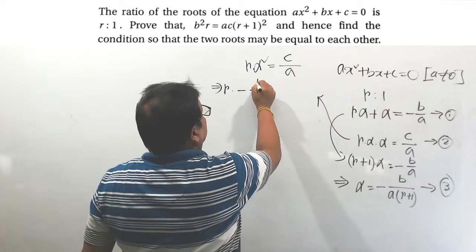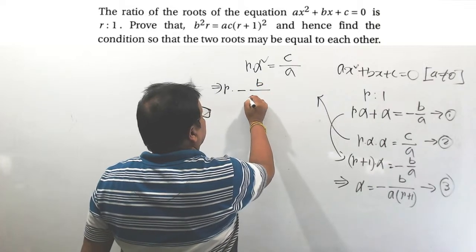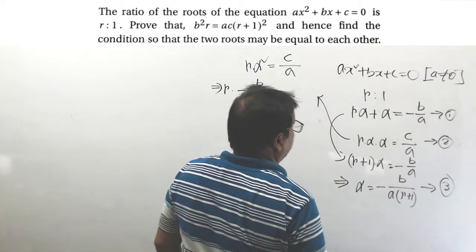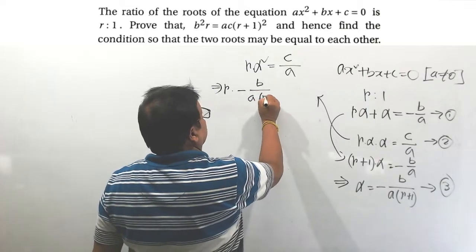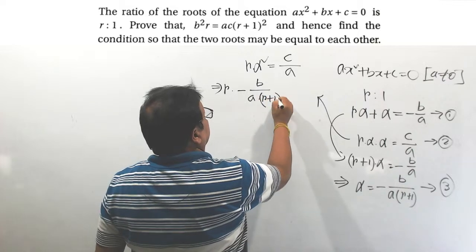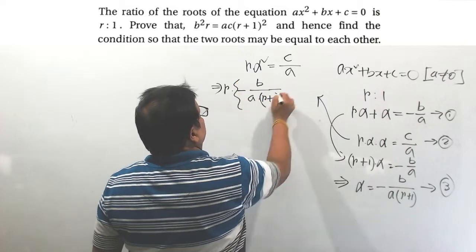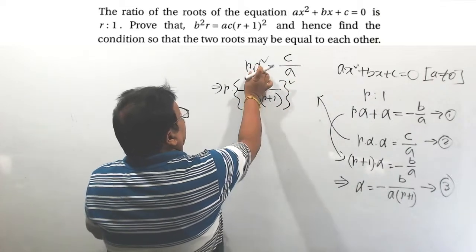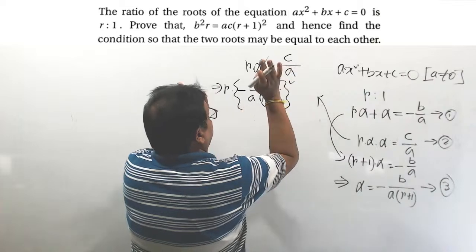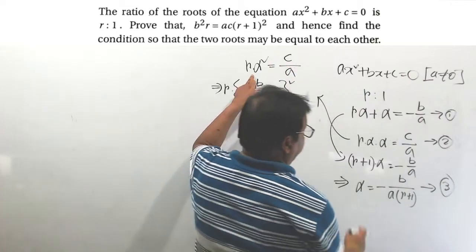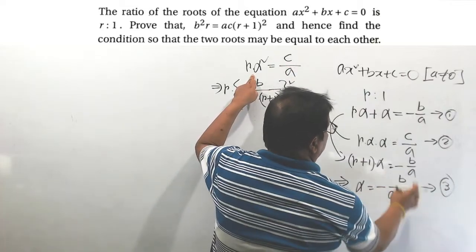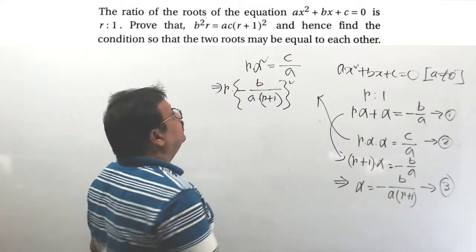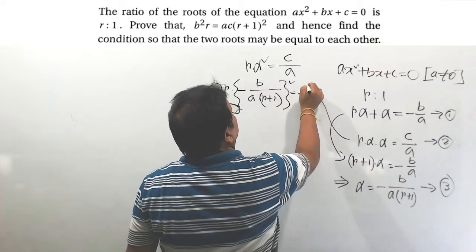Minus b by a into r plus 1, this whole square, r alpha, this square. Understood? What is the value of alpha? Minus b by a into r plus 1. বুঝতে পারছো? Is equal to c by a.